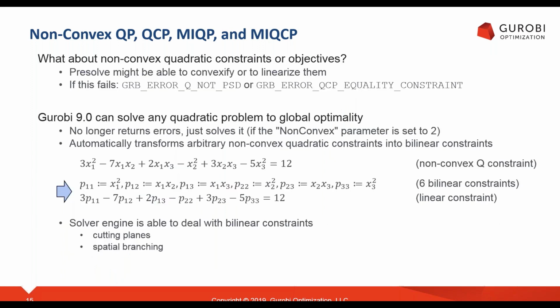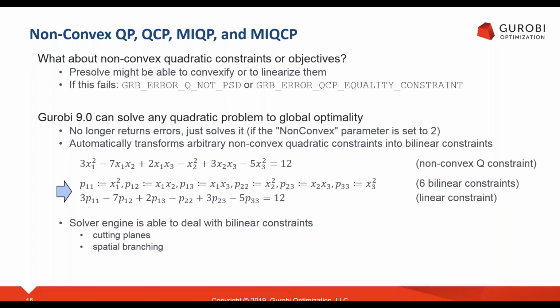But what about non-convex quadratic constraints or objectives? Gurobi 8.1 and earlier versions might still be able to solve those, but only if during presolve it is possible to convexify those or to linearize them. So for example, if you have products with at least one of the two variables being binary, then you can linearize them, and then Gurobi 8.1 and earlier versions were able to solve them.